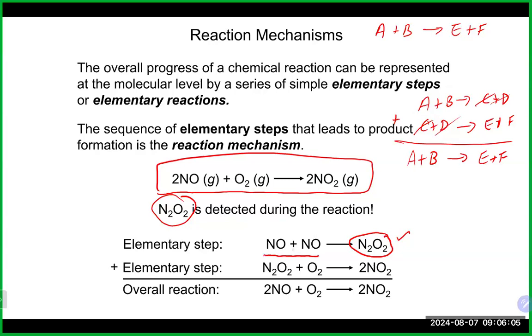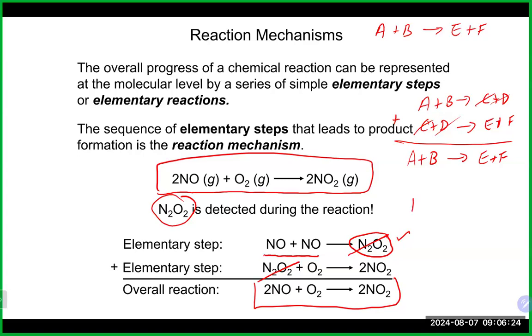Then that N2O2 will react with some oxygen to make some NO2. The N2O2 actually will get canceled out by the time the reaction is done, and that gives us our overall reaction. This is a plausible mechanism for how this reaction will take place.